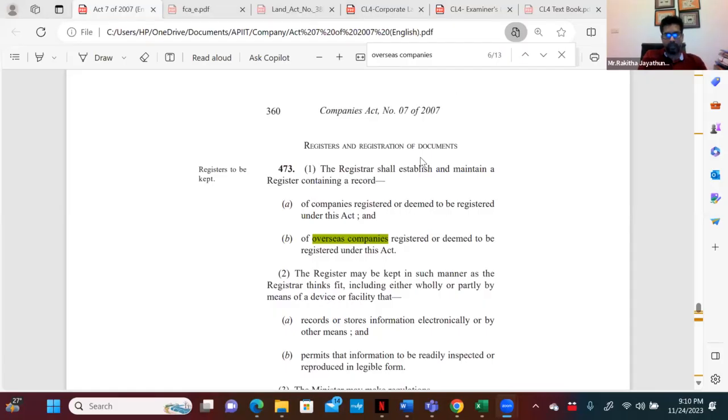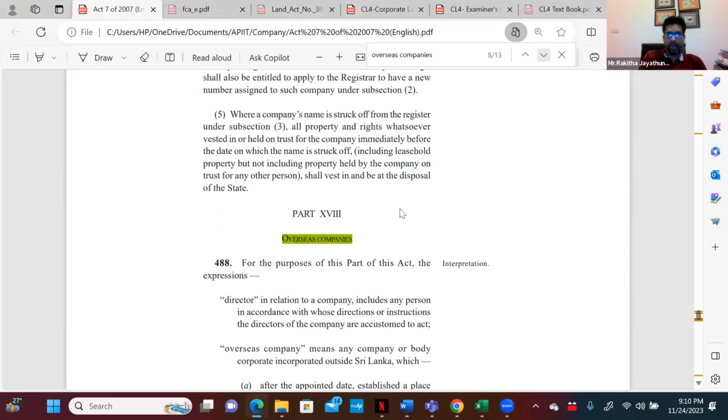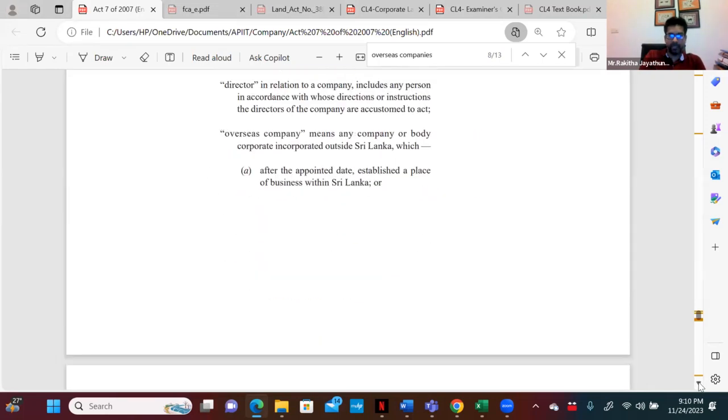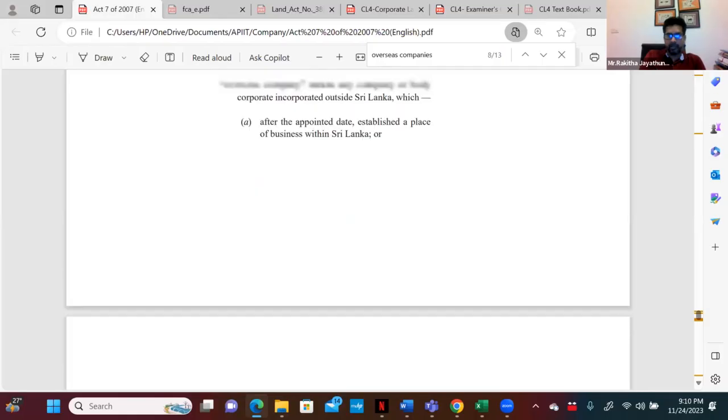Registers and registration of documents. Okay. Part 18. You can highlight this part now itself. It's a highly examinable area. Overseas companies. And it explains what an overseas company is.